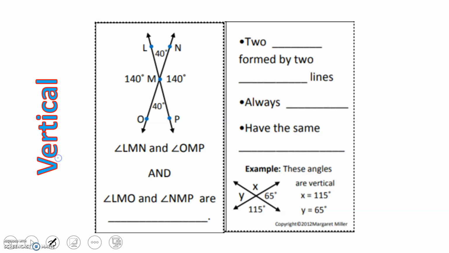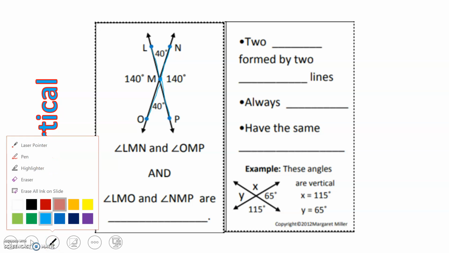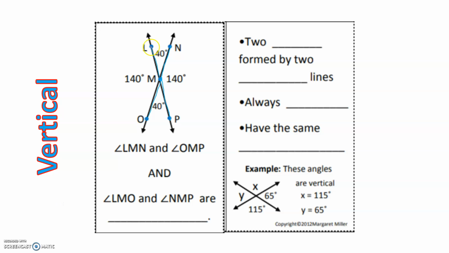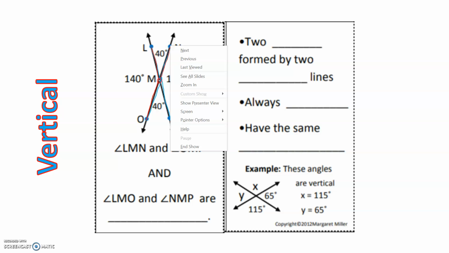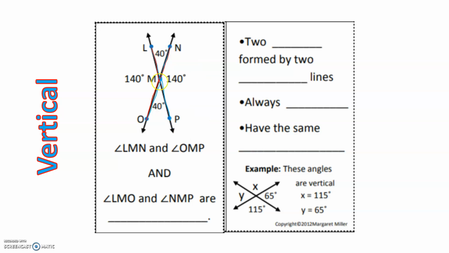Okay, and the last one is going to be vertical angles. So this one says angle LMN and angle OMP, and then we have angle LMO and NMP are going to be vertical angles. Okay?